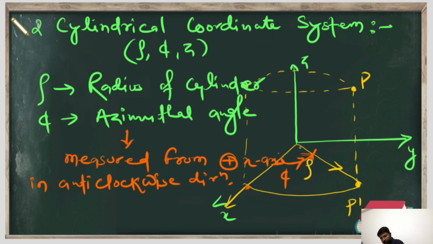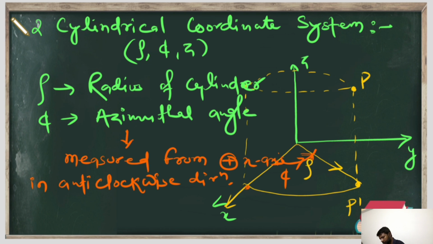The next step is to find the relation between the rectangular coordinate system and the cylindrical coordinate system. This rho vector is making angle phi with the x axis.